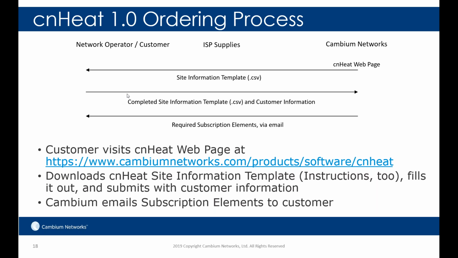Then you fill out the information and can upload it from the ISP Supplies website if you desire, and we'll get the information. Then we'll figure out what part numbers you need to order for the site. Let me give an example of this CSV template information.